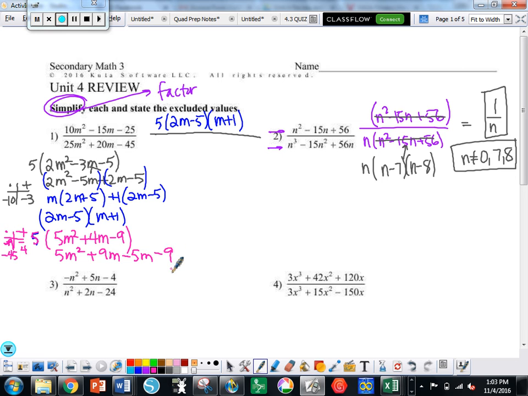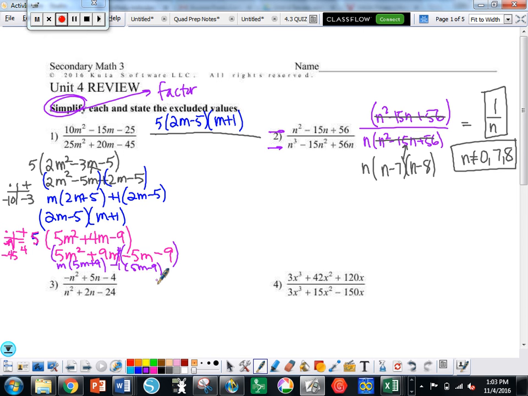So we're good. Now let's factor by grouping. Make sure the negative goes over here. Looking at the first group, they both have an m. You're left with 5m plus 9. Looking at the second group, they have a negative 1, 5m plus 9.